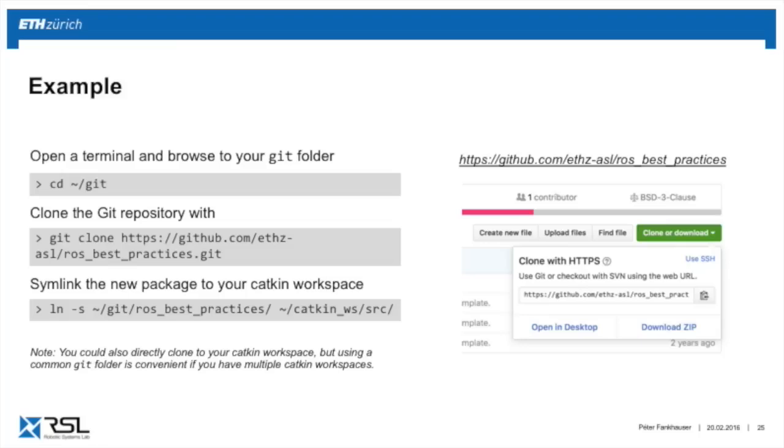We put up there an example ROS package for you to play around with. Once you're on this website, there's a green button which says clone or download. Copy this URL here.